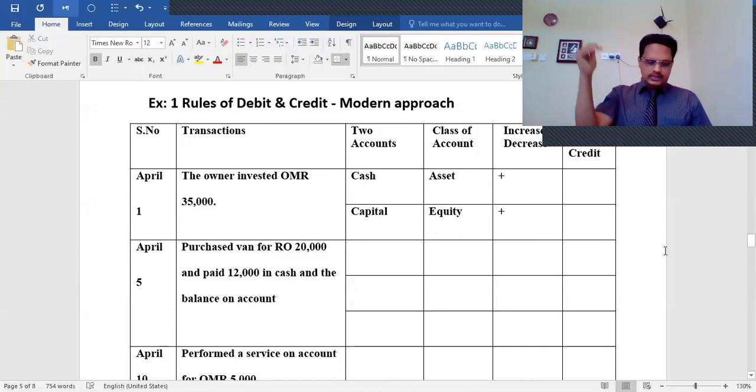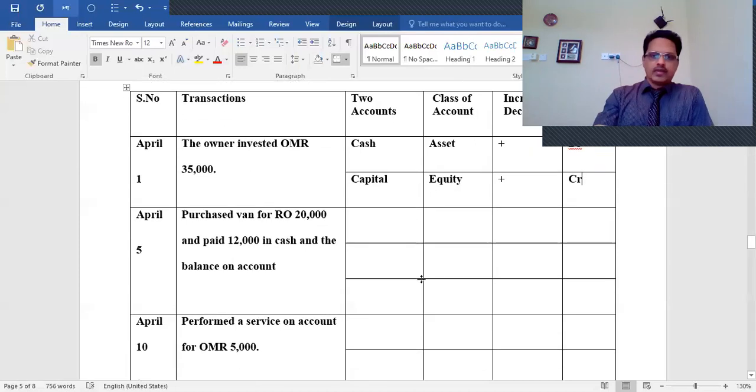Asset or expenses increase means debit. Capital or equity increase means credit. So you got this debit and credit, which means it is correct.